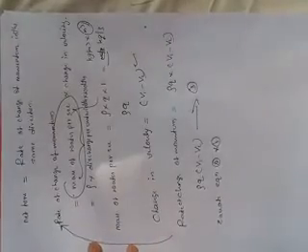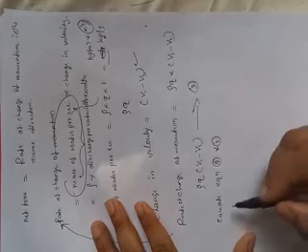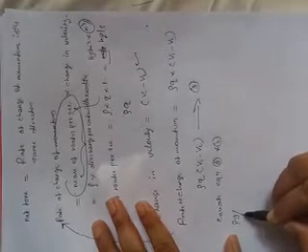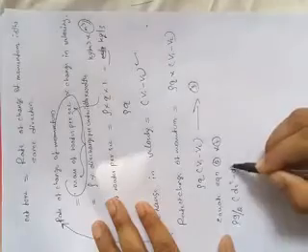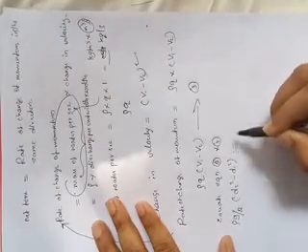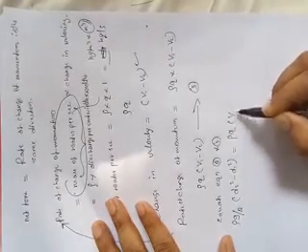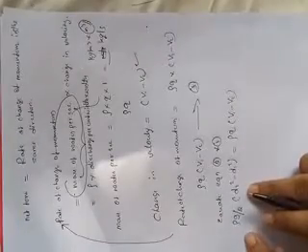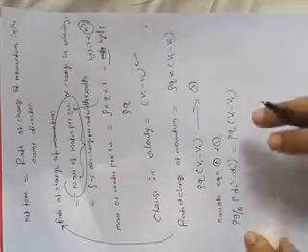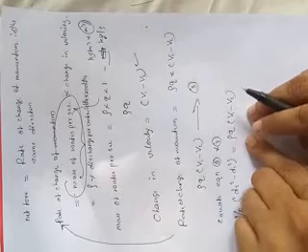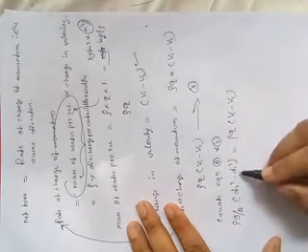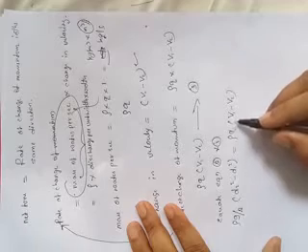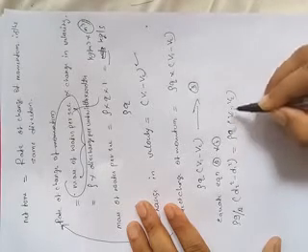You'll get rho g by 2 into d2 square minus d1 square is equal to rho into q into v1 minus v2. This is the net force acting at sections 1 and 2, and this is the rate of change of momentum.